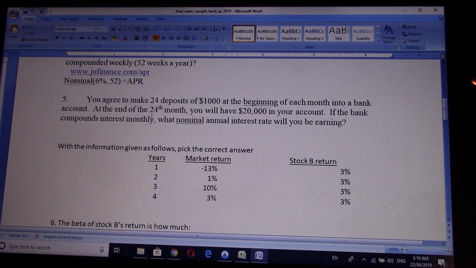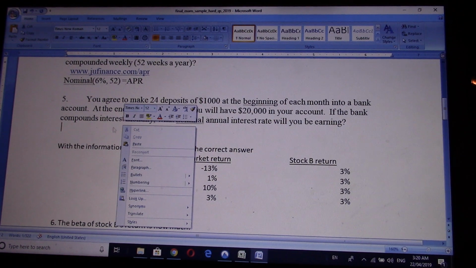This doesn't seem to be a hard question, but when you use the rate function, since this is a monthly deposit, what you get is your monthly interest rate. So you should use what you got from the rate function and multiply by 12. That will be your nominal annual interest rate.